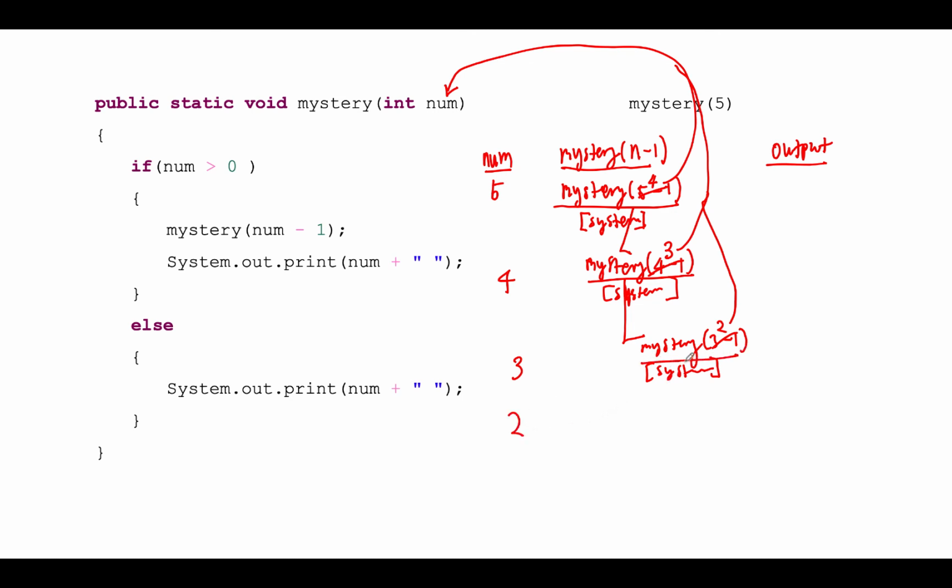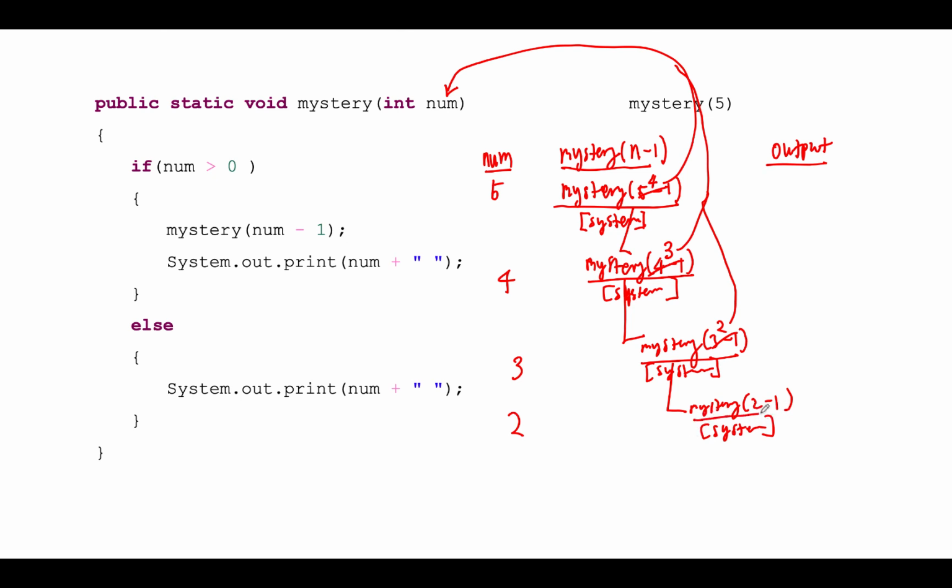That mystery, when it's executed, is going to trigger another mystery here because 2 is greater than 0. So mystery 2 minus 1 is going to be called. And that system statement right below that is going to be put on hold. We'll take care of that when we're done with this mystery call.